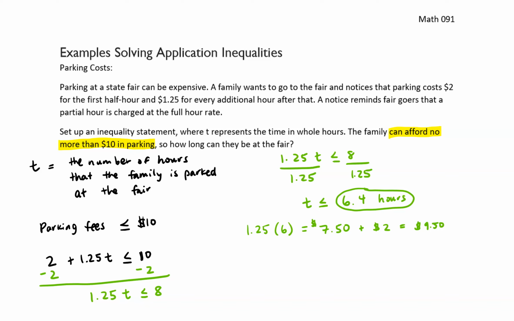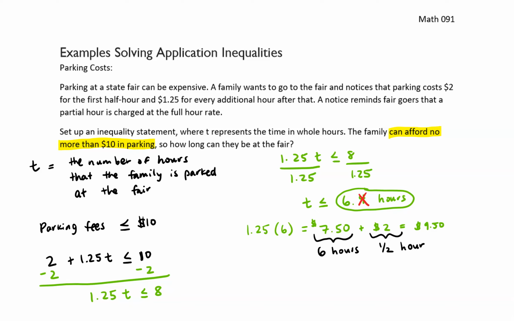And so what we want to do is ignore the 0.4 hours there. So $7.50 is for the 6 hours, and the $2 is for the first half hour. The question asks, how long can they be at the fair?